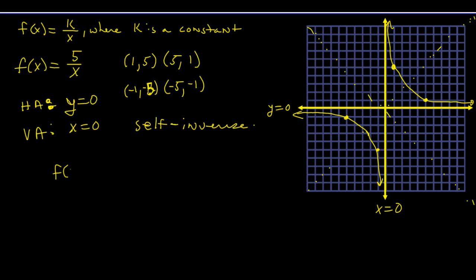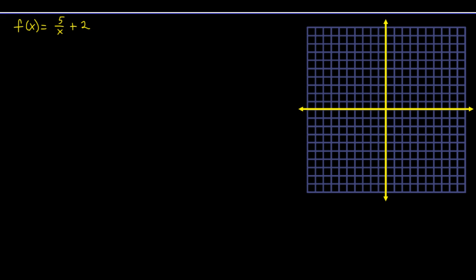If f of x is equal to 5 over x, then f inverse of x is also equal to 5 over x, because you get just a reflection across there.